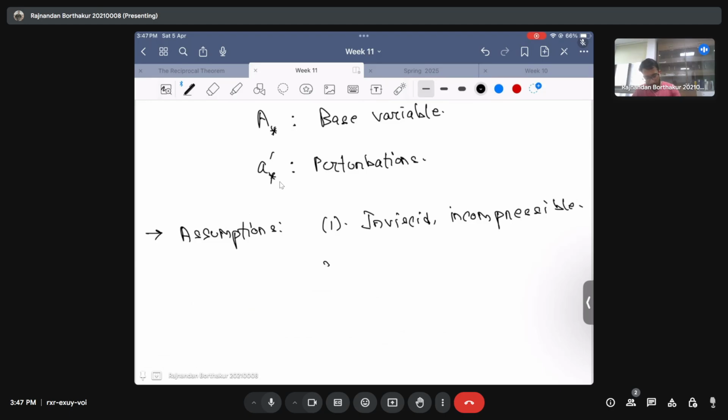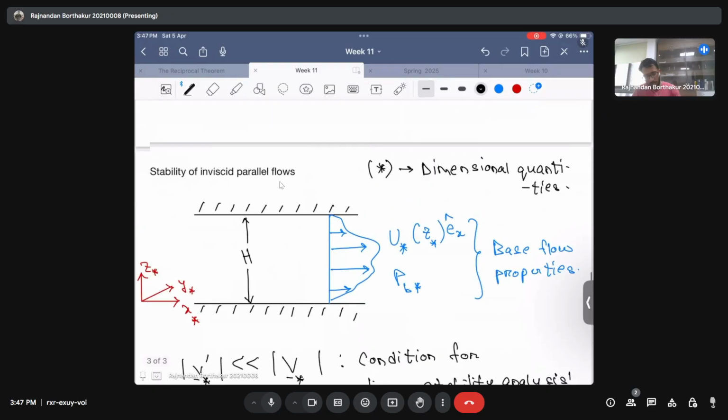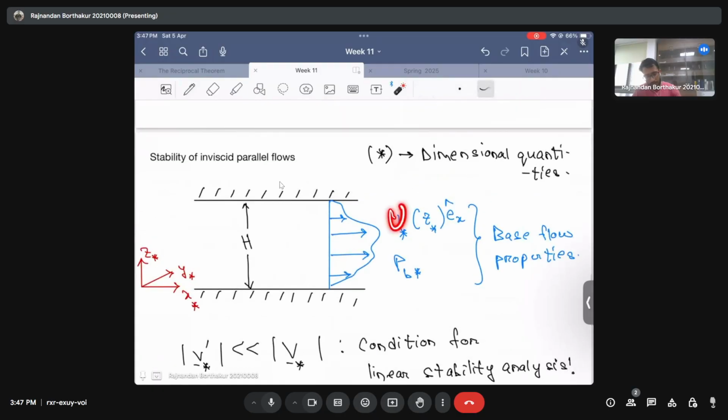The second assumption is that your base flow is unidirectional. This is the case because your base flow u is a function of z, but it has a direction in the x direction.